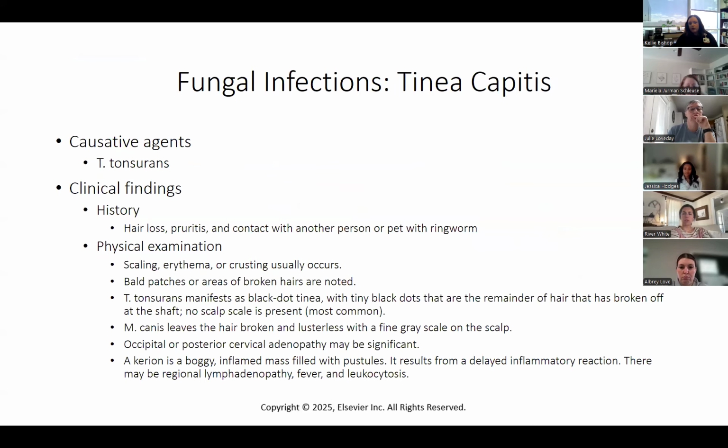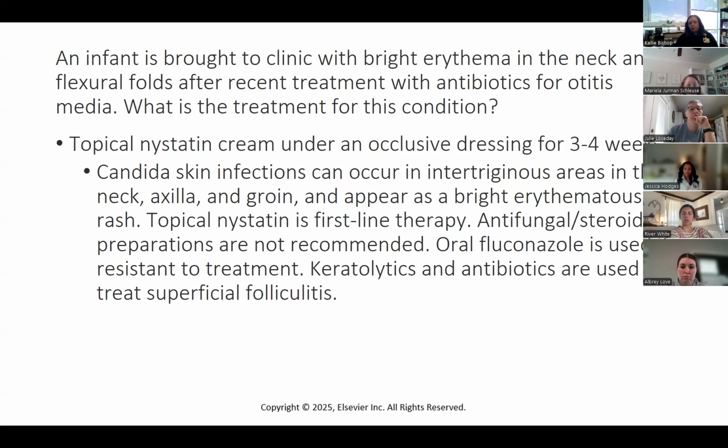What would an occlusive dressing look like with an infant? Yeah, so if it's somewhere where you can wrap it, you can use plastic wrap. But on a neck, I definitely would not wrap plastic wrap around. So just the clear bandages that have a border, but the middle of it is open.